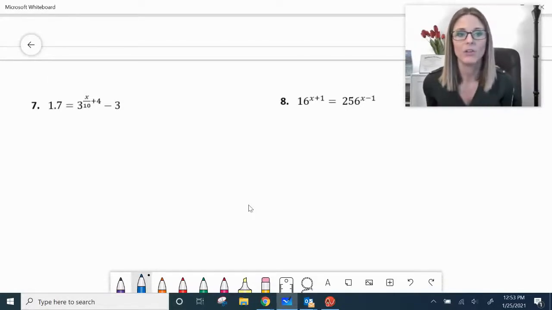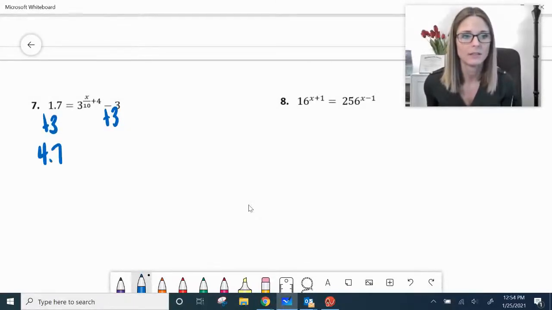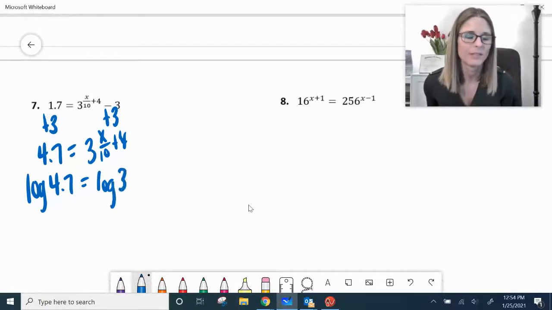So first of all, we want to isolate it a little bit more. So add 3 to both sides. I mean, you've got an exponent with a fraction. Ugh. Let's go ahead and take the log of both sides. Okay.